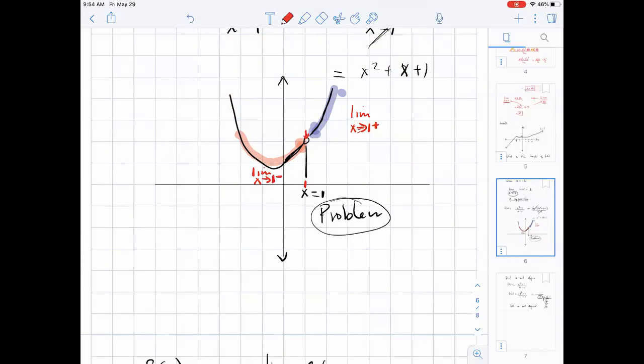Keep in mind, it's not -1, it's 1 with a minus on the top. And on this side, it's 1 with a plus on the top. So you're approaching the number 1 from the right side, and here you're approaching the number 1 from the left side.